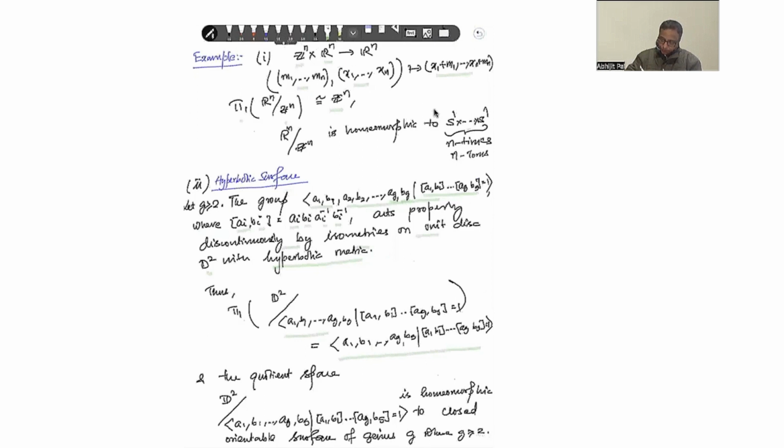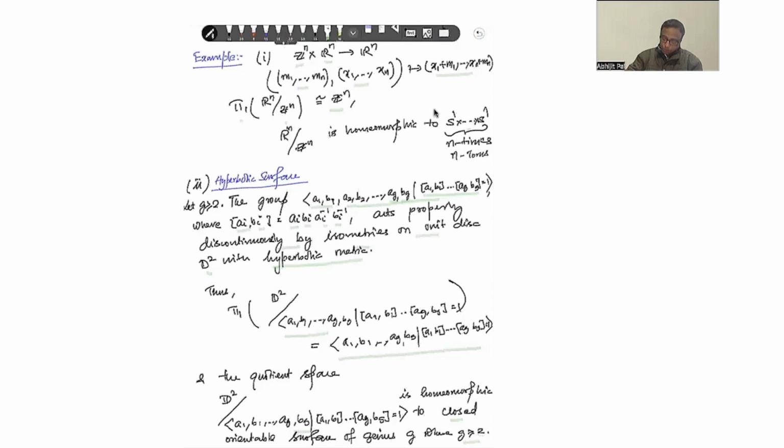And again, this quotient space is homeomorphic to the closed orientable surface of genus g, where g is greater than or equal to 2.